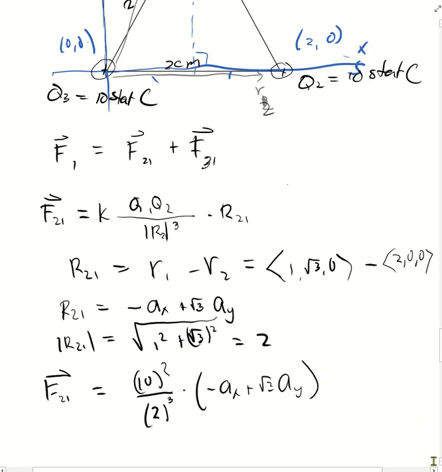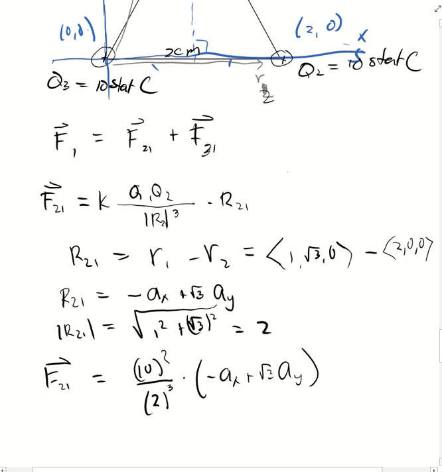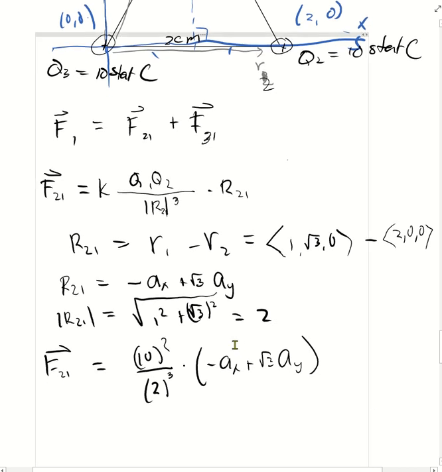Now, if you are only interested in the magnitude of the force, instead of using this formula, we can make it F21 equals K Q1 Q2 all over R squared.